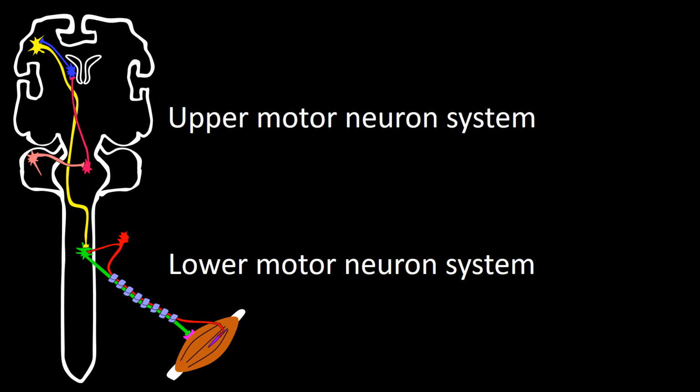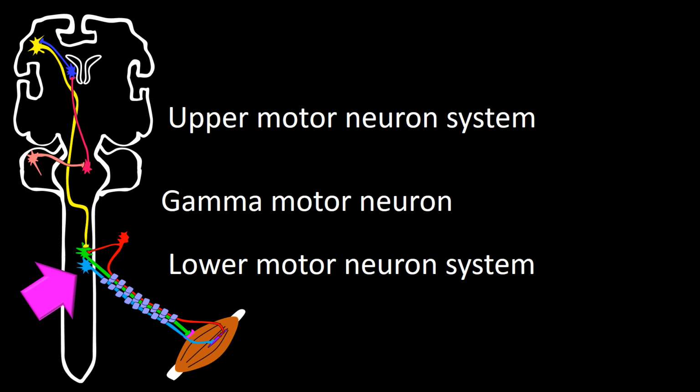In addition, this model also has a motor neuron going to the intrafusal fiber in the muscle spindle. This motor neuron is called the gamma motor neuron.